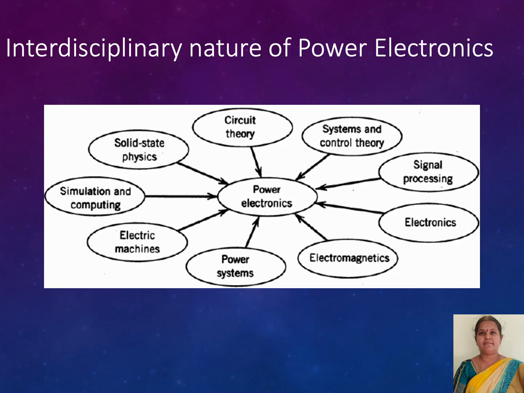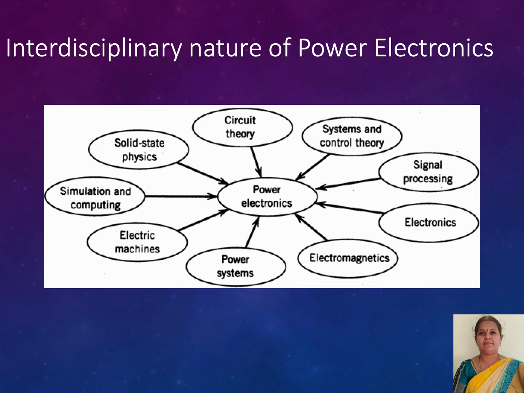The figure shows the interdisciplinary nature of any power electronic system. The knowledge of circuit theory, electrical machines, power systems and electromagnetics is very crucial for designing the power circuit. The knowledge of solid state physics and electronics is very essential for designing a converter circuit.